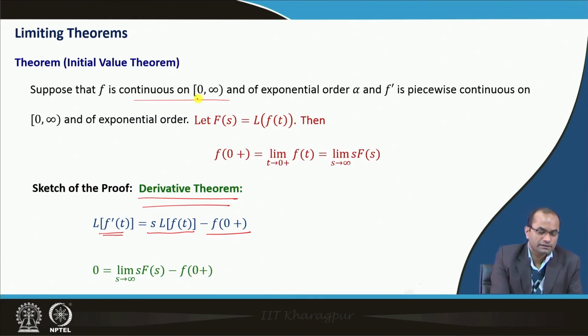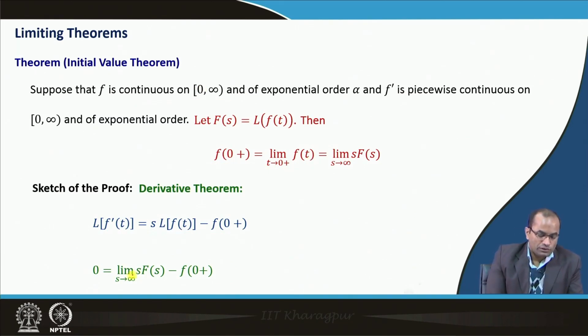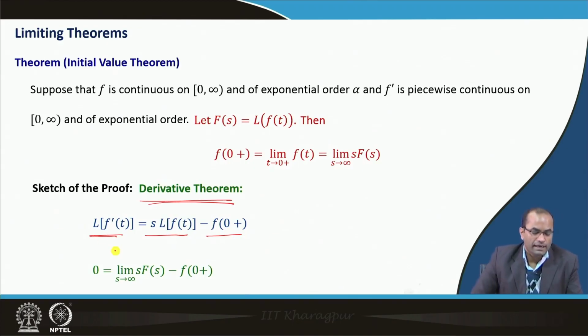In this case, it is given continuous at 0 also, so this value will also be equal to f(0) in this particular case. So, then we have, using this derivative theorem, the Laplace transform of f prime(t) is s L{f(t)} minus f(0 plus), and if we take the limit here as s approaches infinity, what will we get?